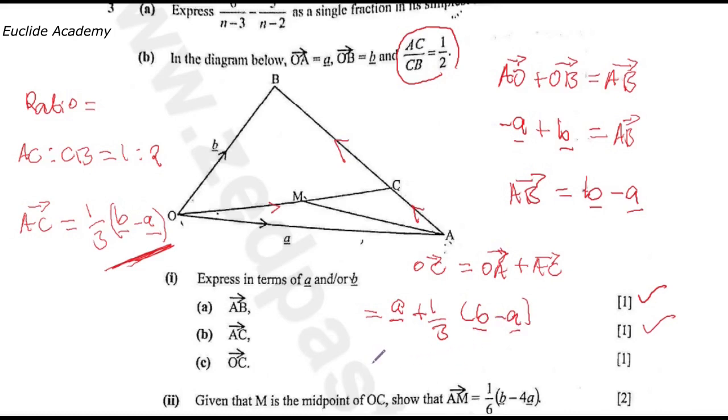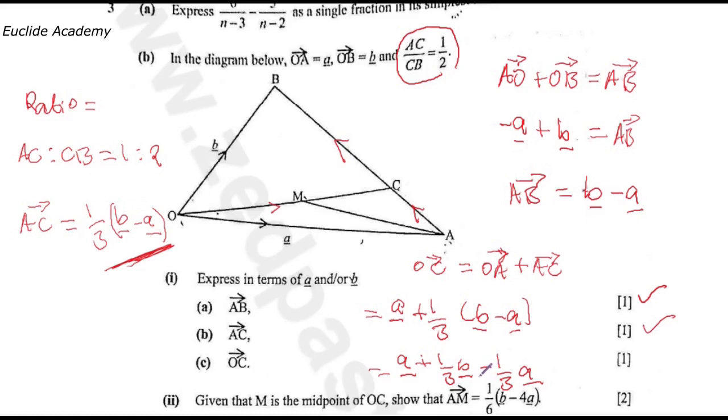So from here you can see that we can expand, we can multiply so that we remove the brackets, so to be plus 1/3 B underline minus 1/3 A underline, putting the like terms together.